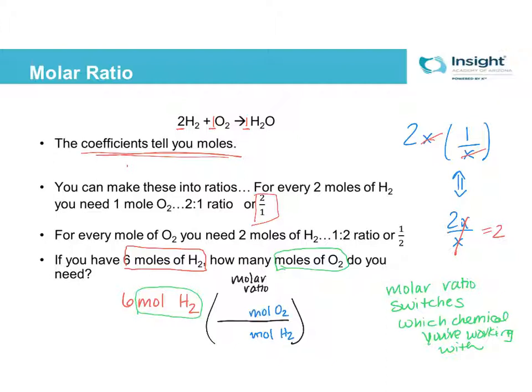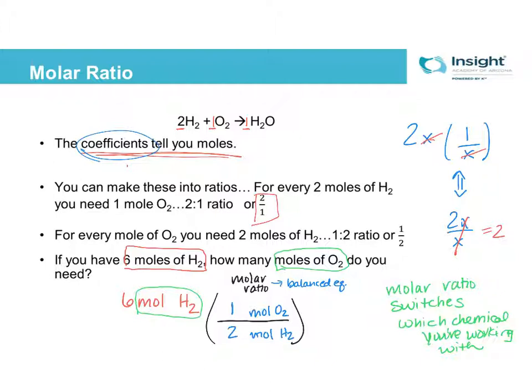The numbers, all right, that's where the coefficients come in. All right, so molar ratio comes from the balanced equation. All right, so if I go up to my balanced equation, hydrogen has a coefficient of 2, so I'm going to put 2 in the bottom. And oxygen has a coefficient of 1, so I'm going to put 1 on top.